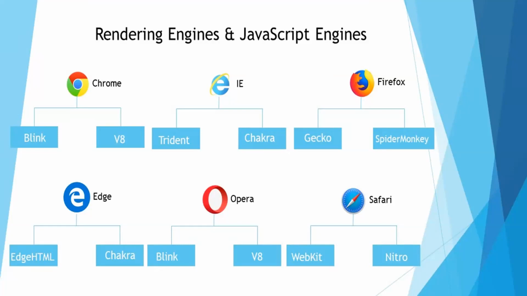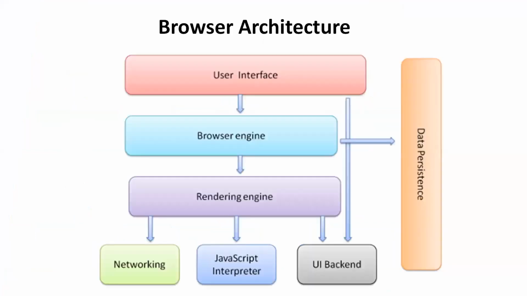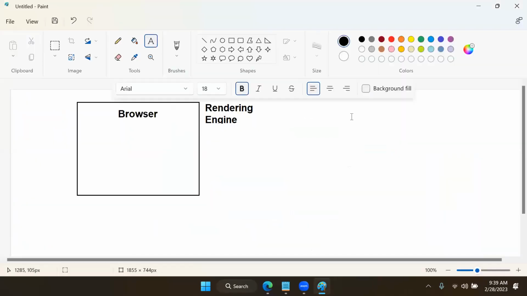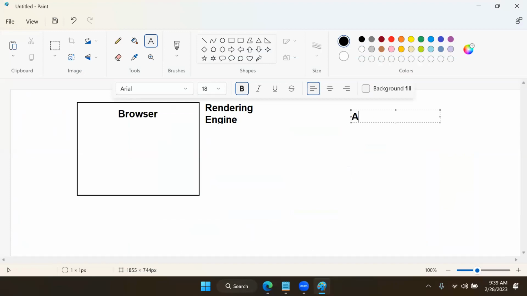Now, this is the browser architecture, generally how a browser works. We will have a browser engine and a rendering engine. Now, the important point is, technically, when you are using a browser and the browser has an engine, we developed an application. In this application, we are writing some JavaScript code.